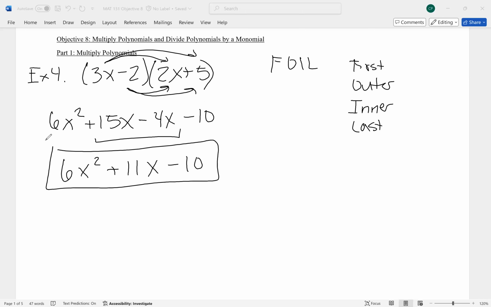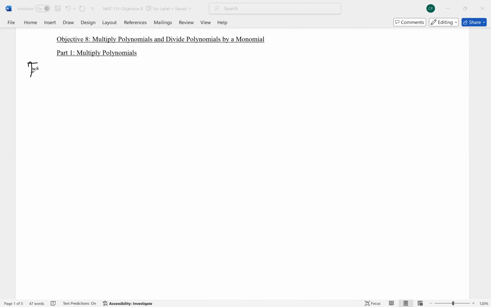Another way that you could see a problem like this, for example 5, we're going to look at 2x squared minus 5x plus 1 times 3x plus 2. All right. So now we have a trinomial being multiplied by a binomial, which means we have 3 terms being multiplied by 2 terms. Okay.